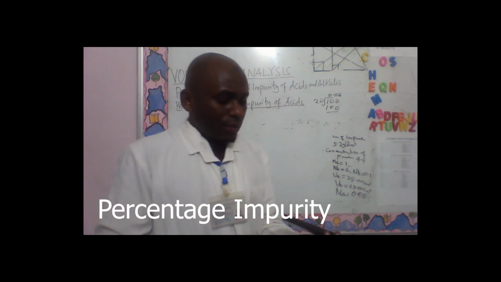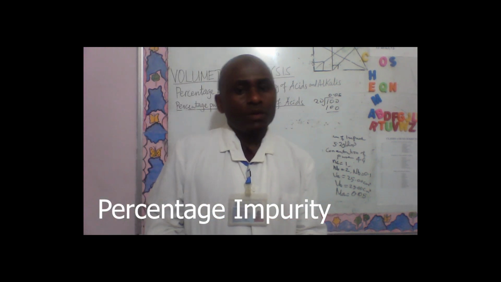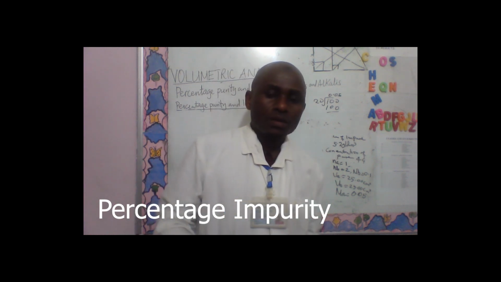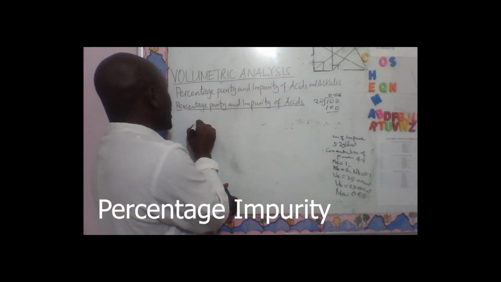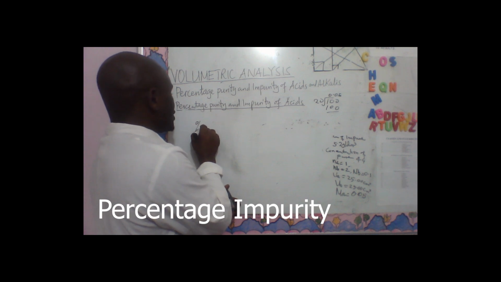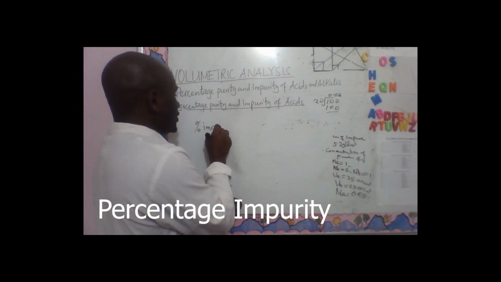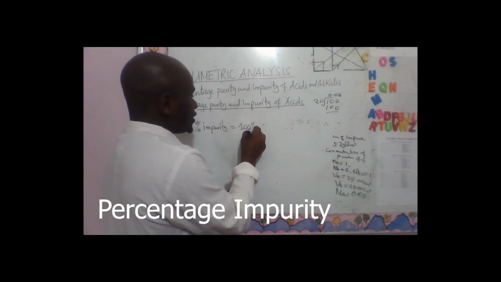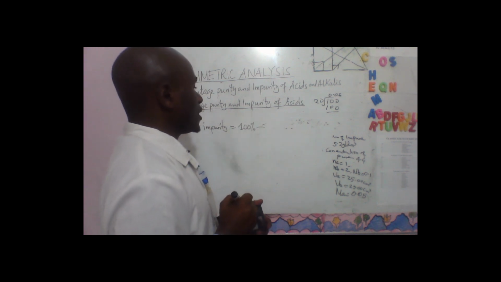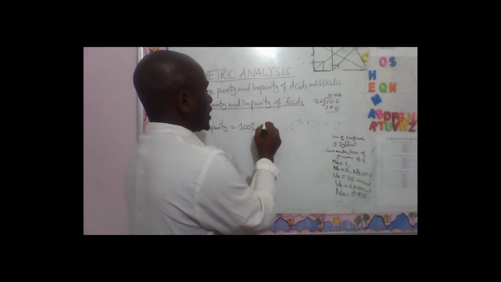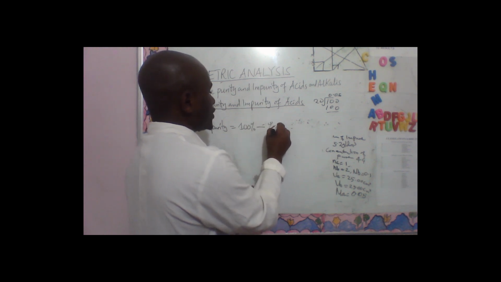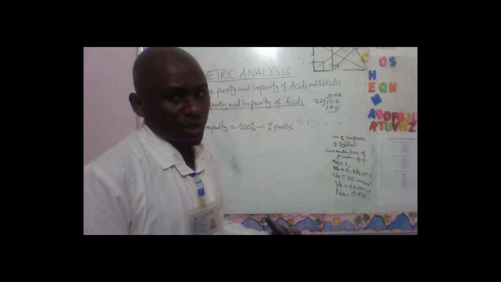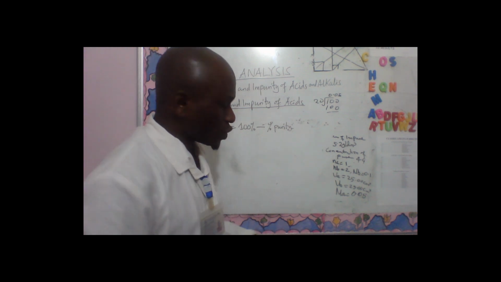We have different ways to calculate it, but the simple way is to take percentage impurity equal to 100% minus percentage purity. That's a simple way to obtain the percentage impurity of a given sample.